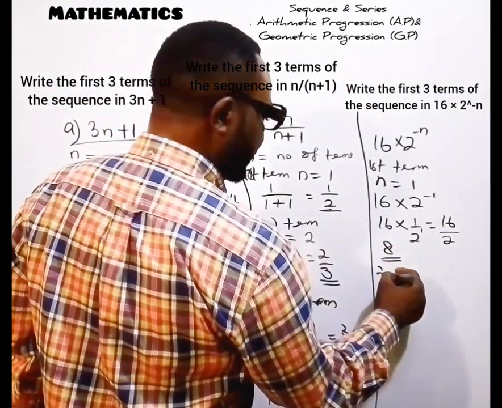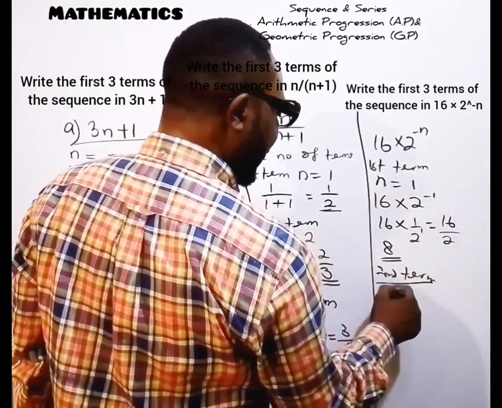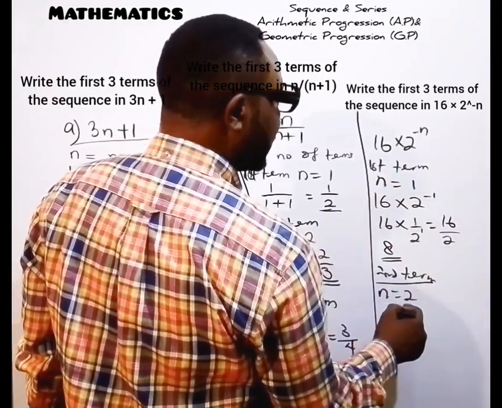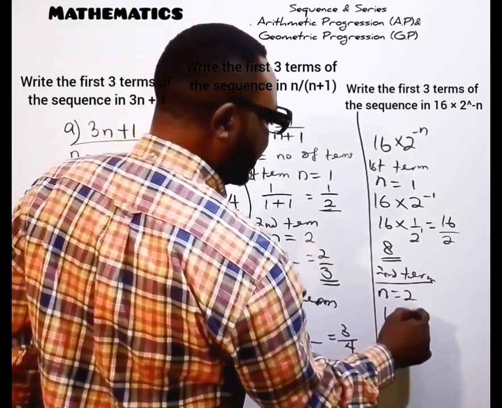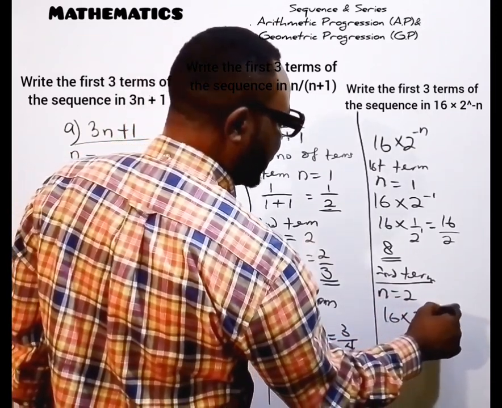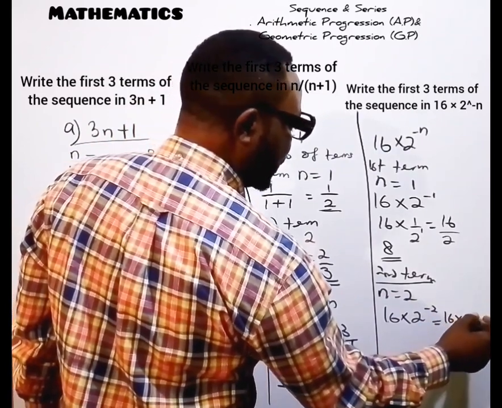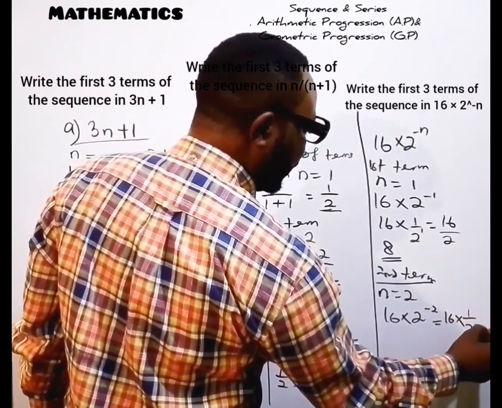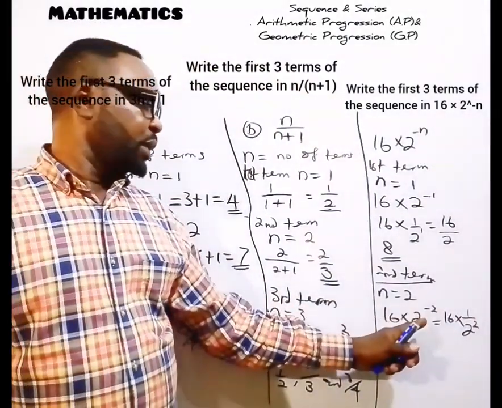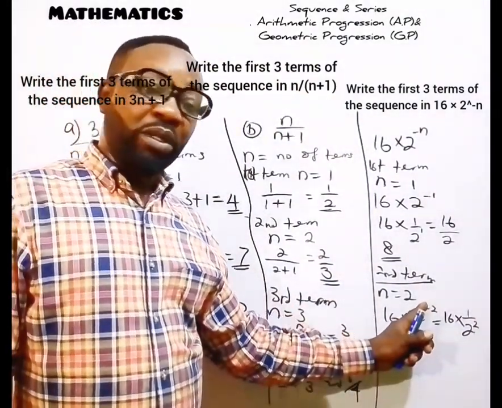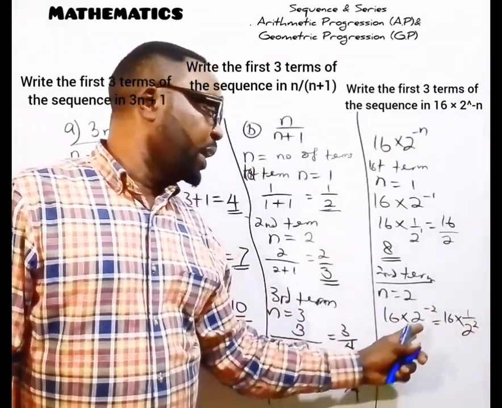For the second term, n is equal to 2. We have to insert the value there: 16 multiplied by 2 raised to the power of minus 2, which will give us 16 multiplied by 1 over 2 raised to the power of 2. Don't forget that I have told you earlier that the negative sign in the power becomes the reciprocal of the expression.